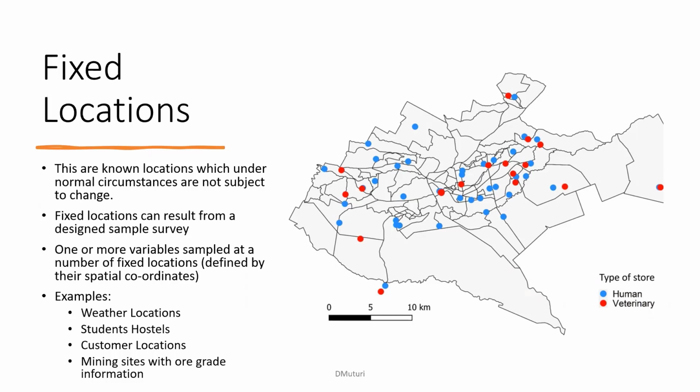An example is in your business, you have the customer location where a customer exists, and you know that come today, come tomorrow, a week after, you will still get them at the same location, or a weather station, or an institution, or an office. Any coordinate or geographical location you have that is not bound to change, and you want to analyze it, then you usually get that as fixed location data.